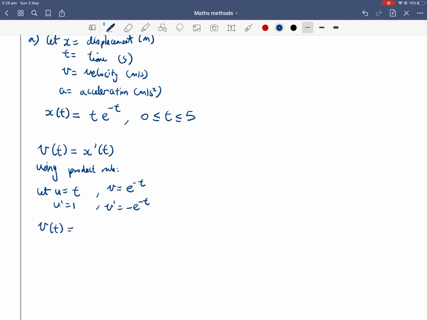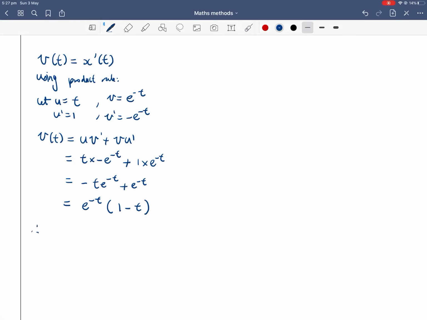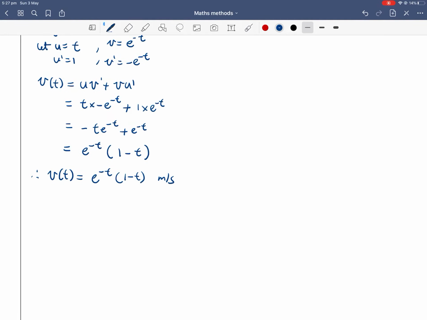So v of t, the derivative, is u v dash plus v u dash, which is t times negative e to the negative t plus 1 lot of e to the negative t. That's negative t e to the negative t plus e to the negative t. I can simplify this by pulling out a common factor: e to the negative t outside of 1 minus t. So your velocity function is e to the negative t times 1 minus t meters per second.